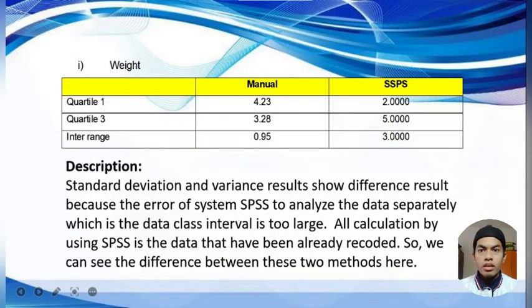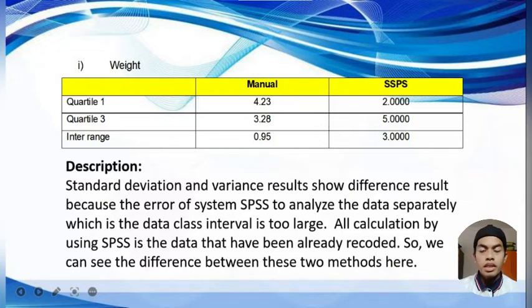For weight, quartile 1 manual is 4.23 and in SPSS is 2.0. Quartile 3 manual is 3.28, SPSS is 5.0, and lastly, the interquartile range for weight, manual is 0.95, and in SPSS is 3.0.